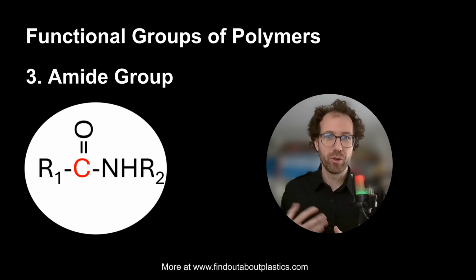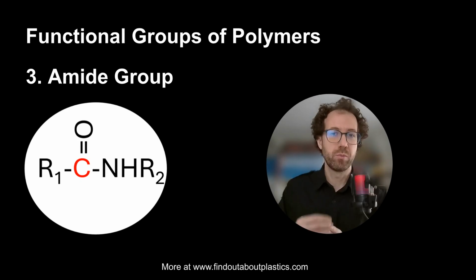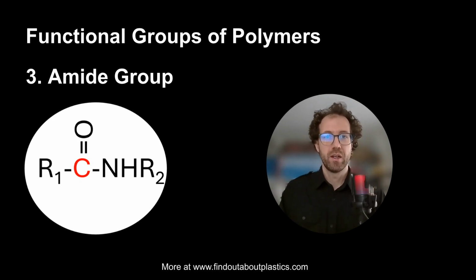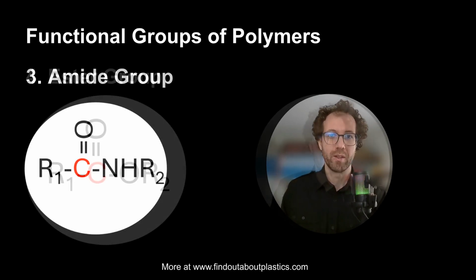On the other hand, we have moisture uptake, so the hydrophilicity increases with amide density, and we also have good abrasion resistance. Examples are the polyamides, the nylons, polyamide 6, polyamide 6,6, long chain polyamides, but also semi-aromatic and fully aromatic polyamides, such as Kevlar.